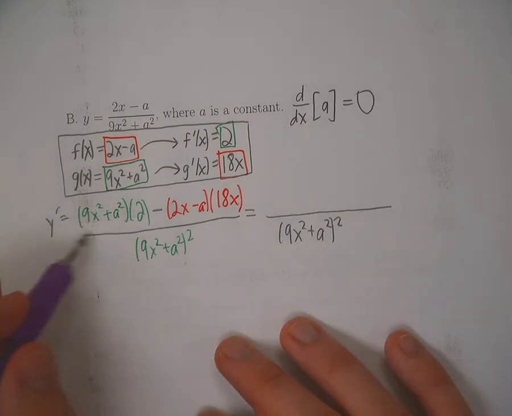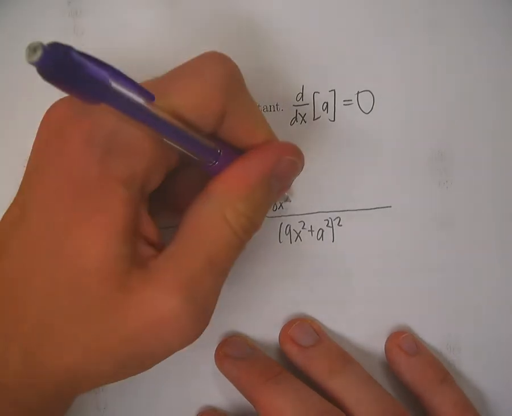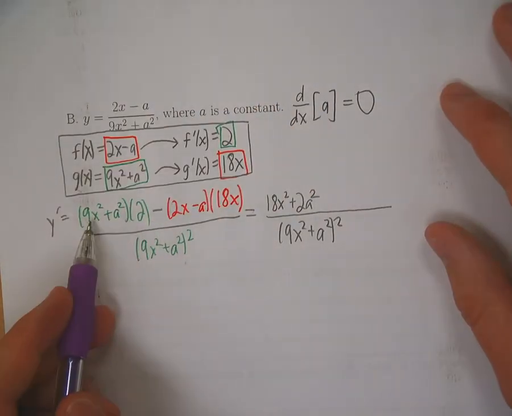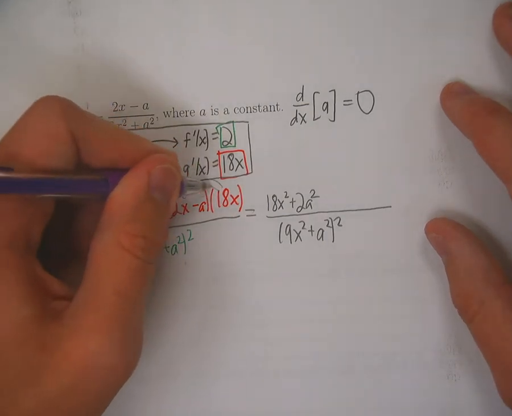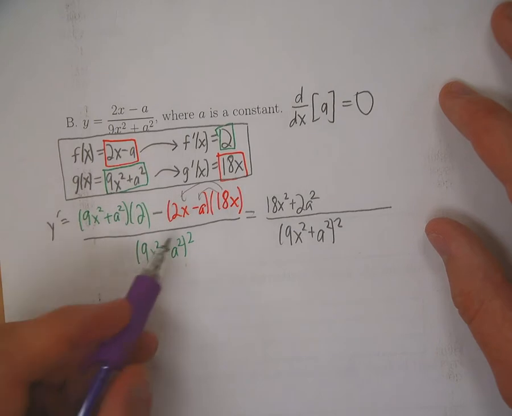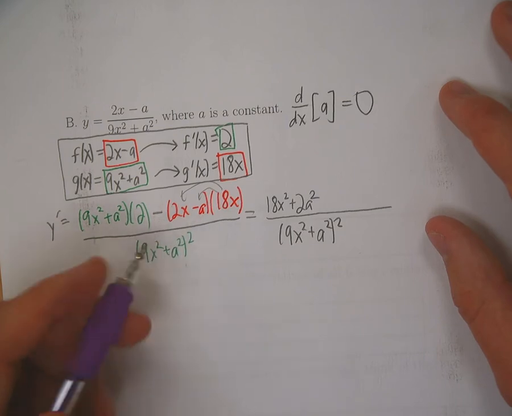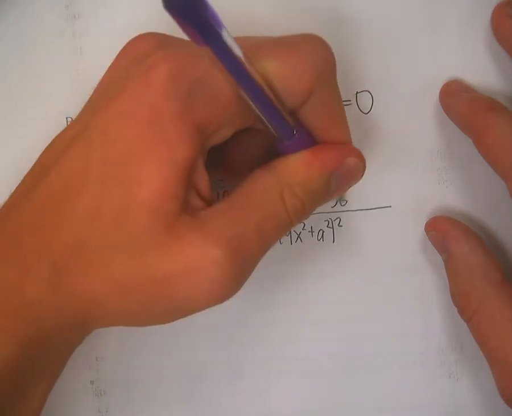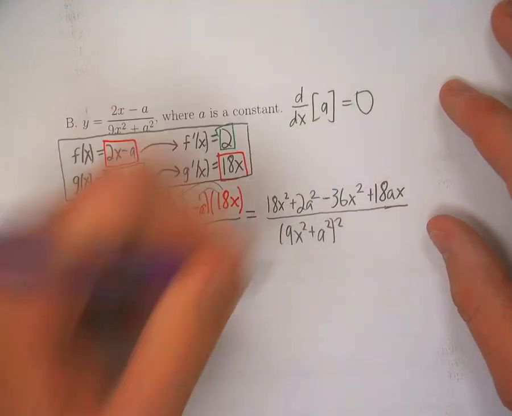So if we distribute the 2, then we end up with 18x squared plus 2a squared. Okay. So that's the first part of it. Then what about the second part? So we distribute 18x to both 2x and a. Well, that'll give us 36x squared and then negative 18ax. But because of this negative, that means we have to swap the signs of those. So we have negative 36x squared plus 18 times ax. So that'll be the second part of it.